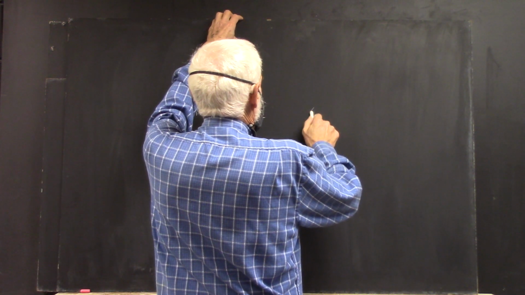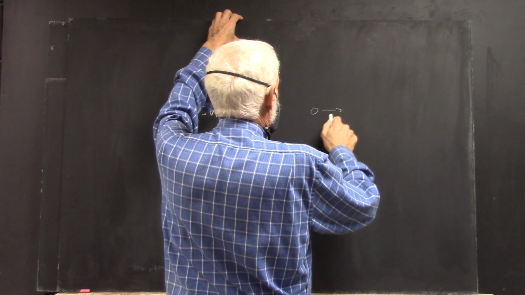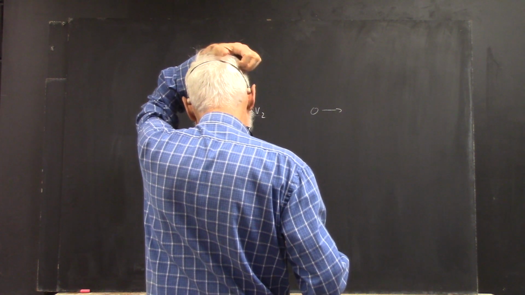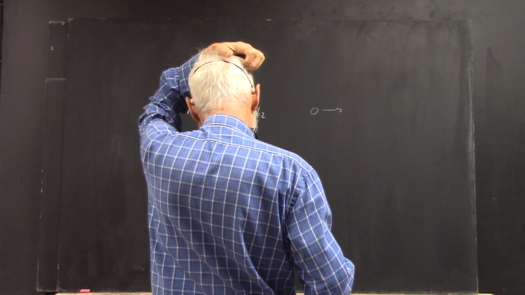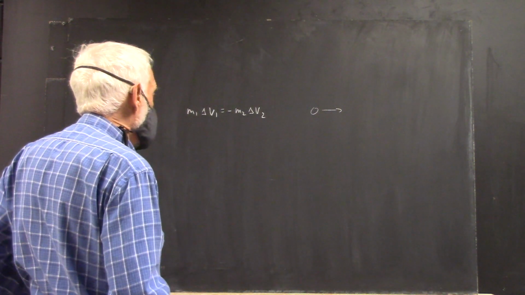So let's draw our collision. Let's say we've got this thing moving here. And I've got myself into a notational conundrum.